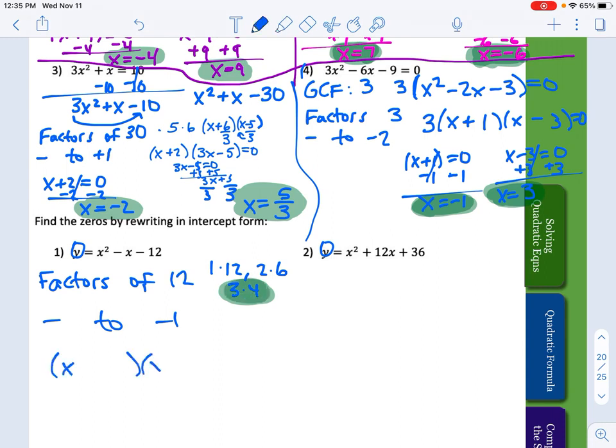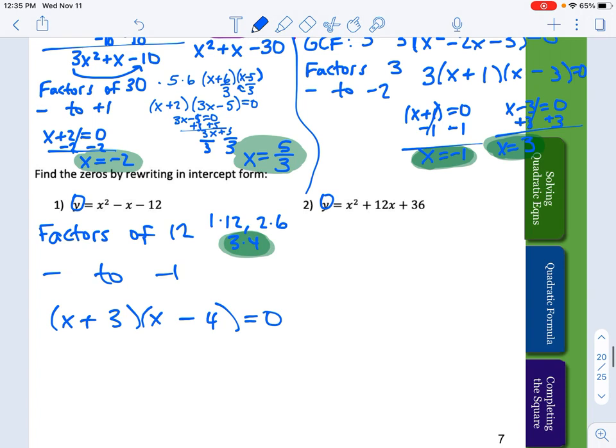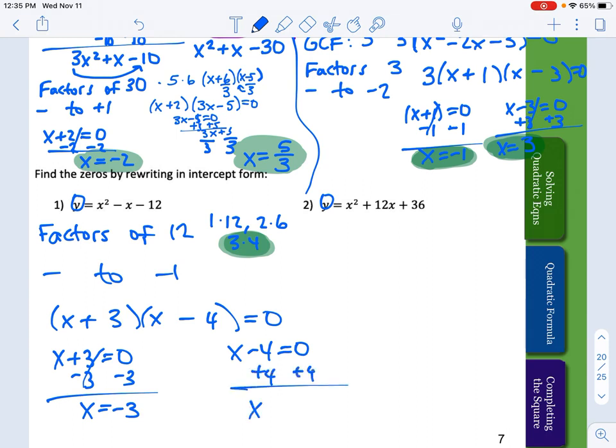So we have x and x, 3 and 4. If we need a -1, the negative number needs to be the bigger number. And then we set that equal to 0, and then we just go ahead and split them into 2 and finish solving. And we are done with that one already. Pretty simple.